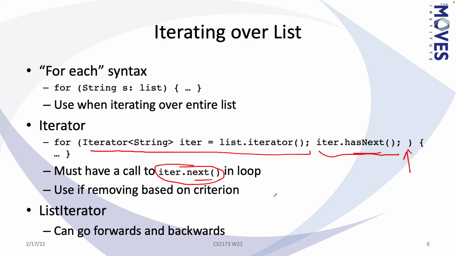Okay, so why do all this typing? Because it's a lot of typing. If I want to remove an item based upon a particular criterion, then this is the safest way to do that. And in some cases, this is the only way to do that. In other words, let's say I already have a list of strings, and I want to go through and remove every one that starts with the letter A, say.